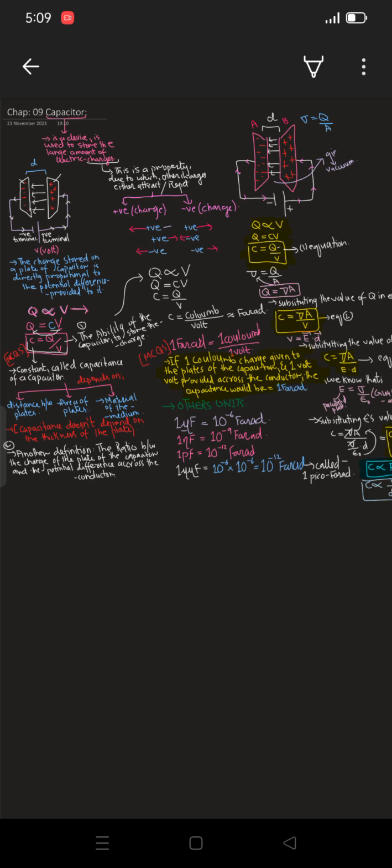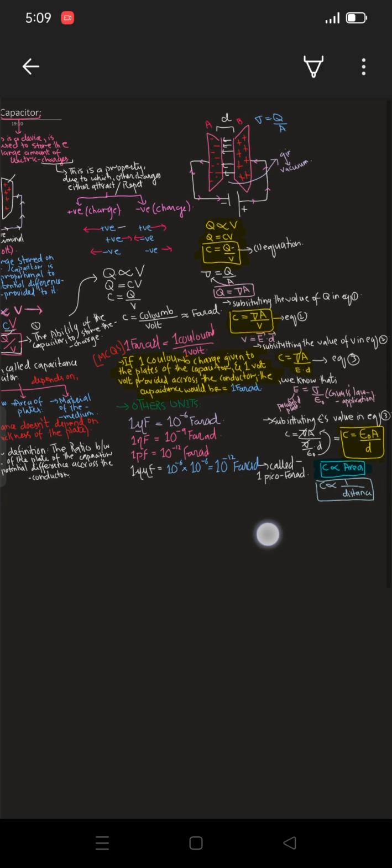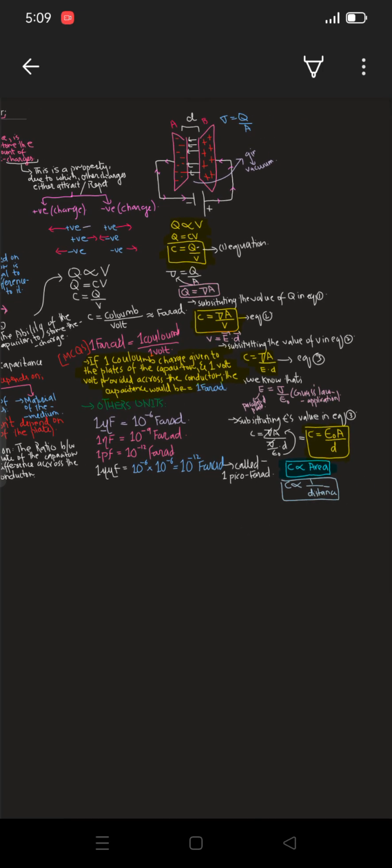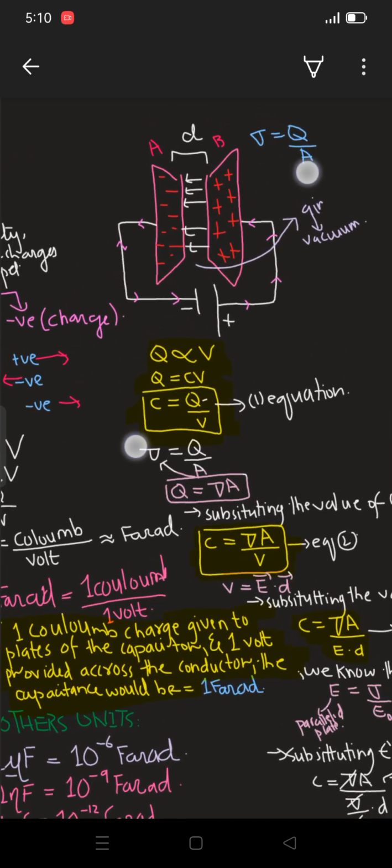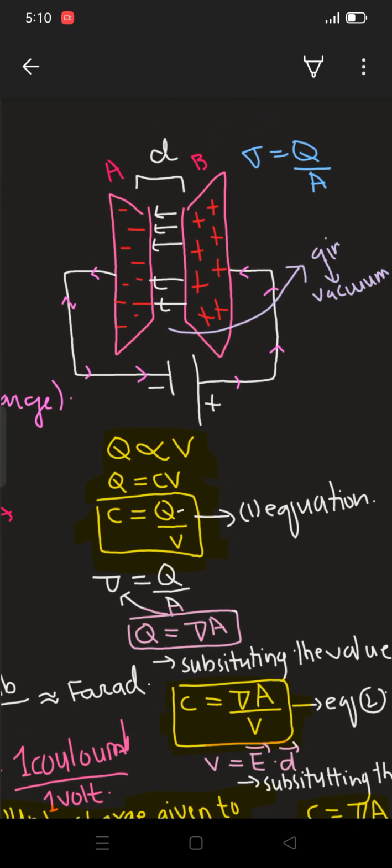Because of this derivation, we have got that the capacitance of a capacitor is directly proportional to the area of the plates, and it is inversely proportional to the distance between the plates, right? Let me revise that entire equation so that it can be more clear to you. So we initially considered two oppositely charged parallel plates.